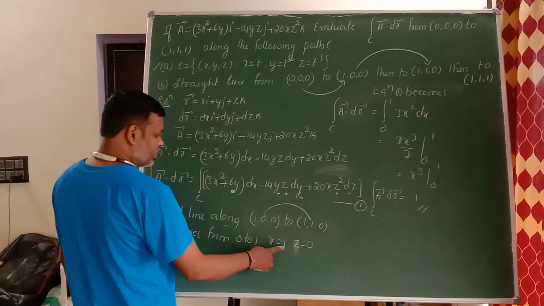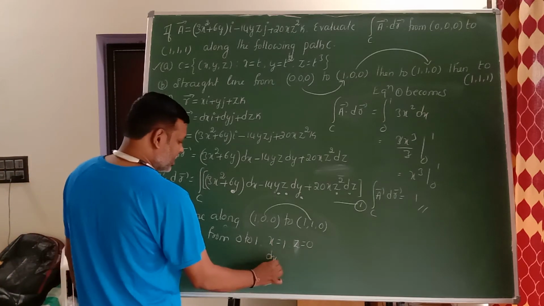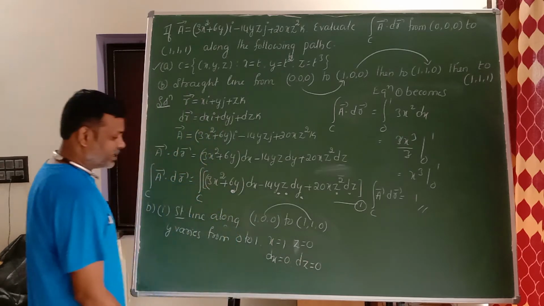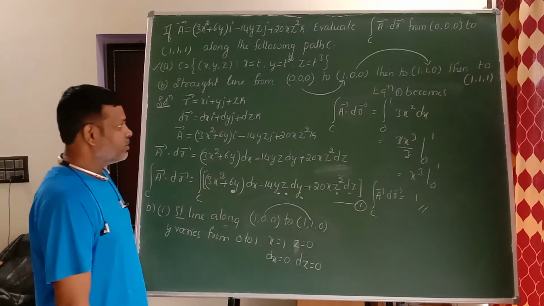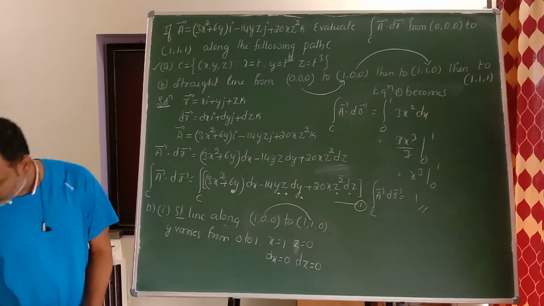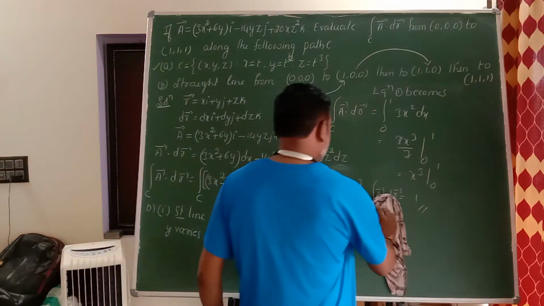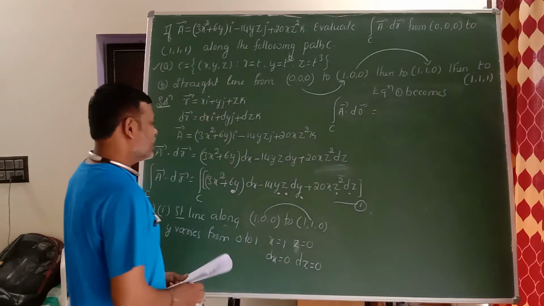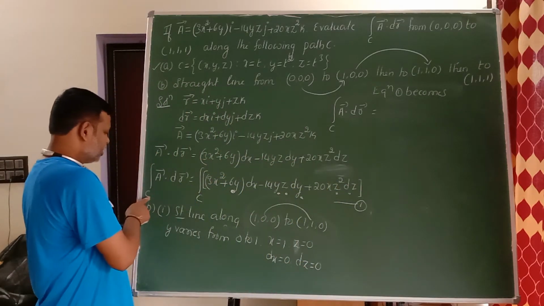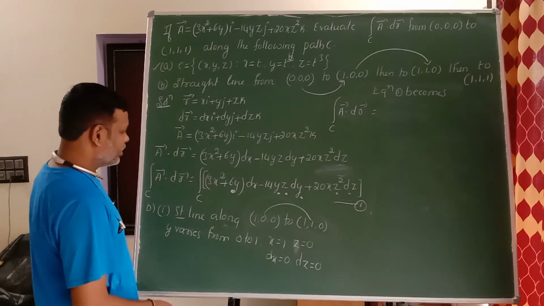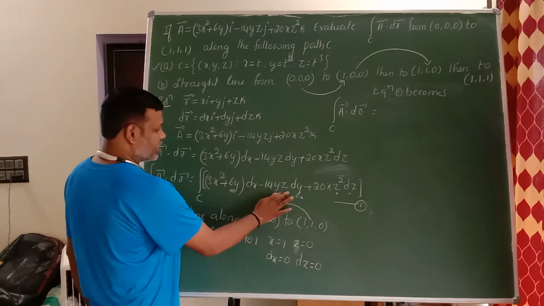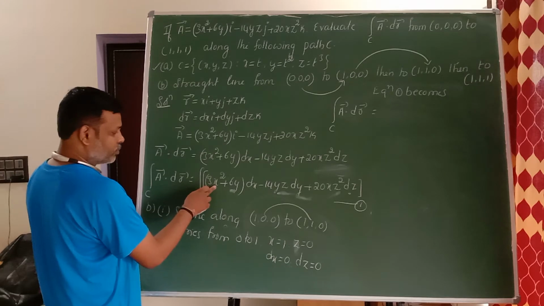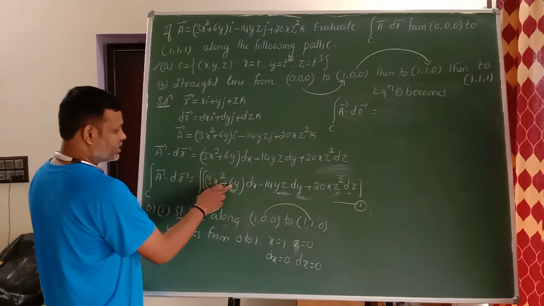When x is equal to 1, it is a constant, so dx is equal to 0 and dz obviously is equal to 0. Now look at equation 1. What happens to equation 1? The integral of A dot dr over the curve C is equal to, here in this equation, x is 1, so that becomes 3 plus 6y.